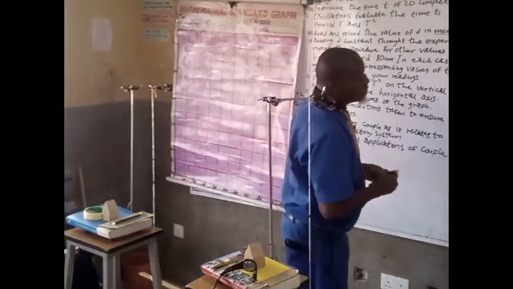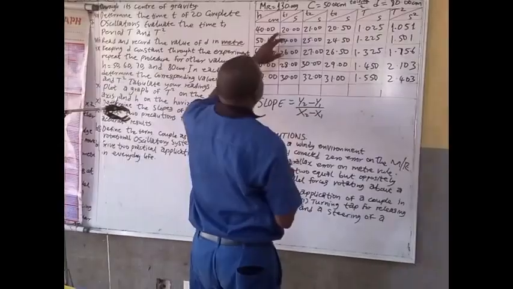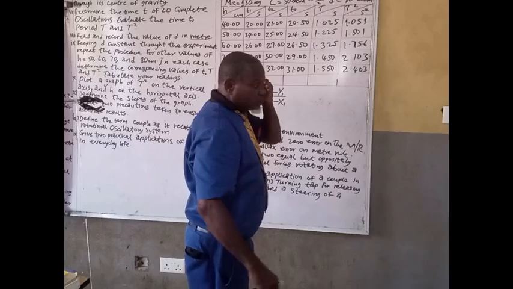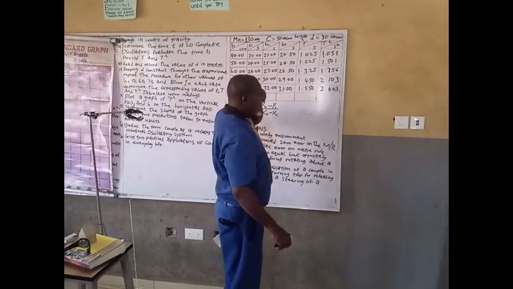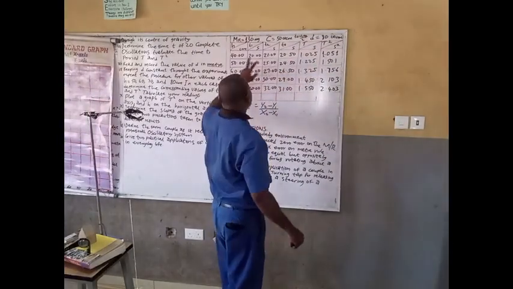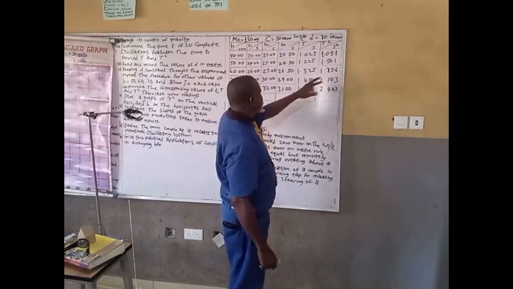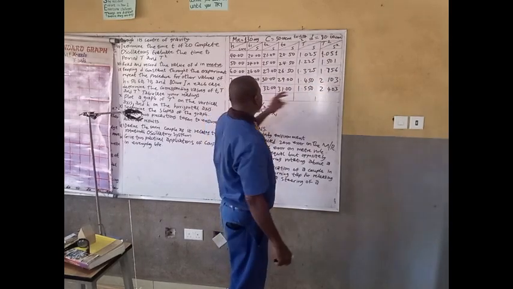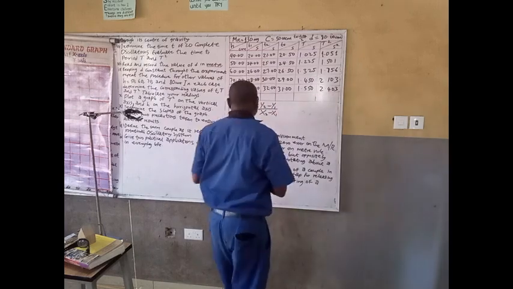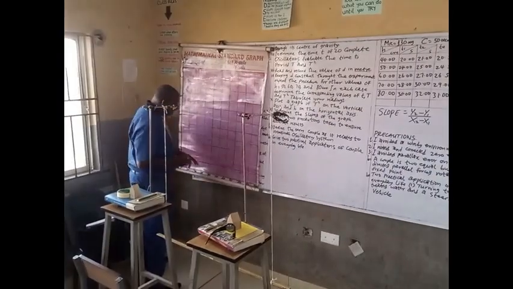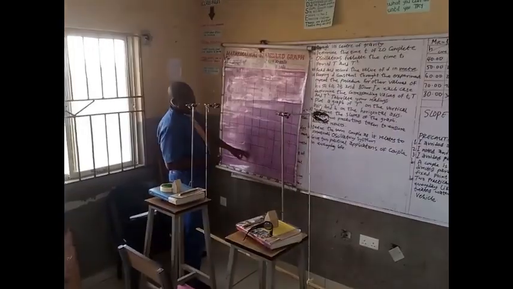Now, you can start. When h is equal to 40 centimeters, T squared is equal to 1.05. In plotting, we plot to 2 decimal places. So we are going to plot 40 against 1.05, 50 against 1.50, 60 against 1.76, 70 against 2.10, and 80 against 2.40. So 40 is 40 centimeters. T squared is 1.05.